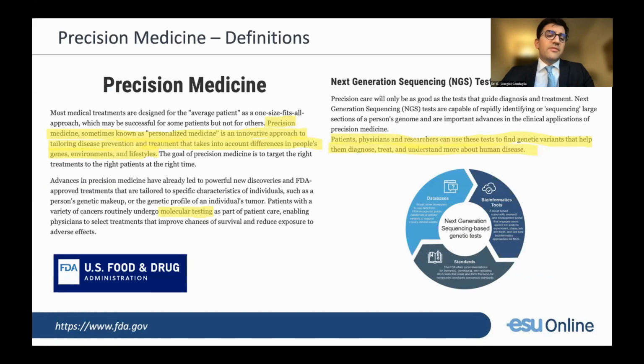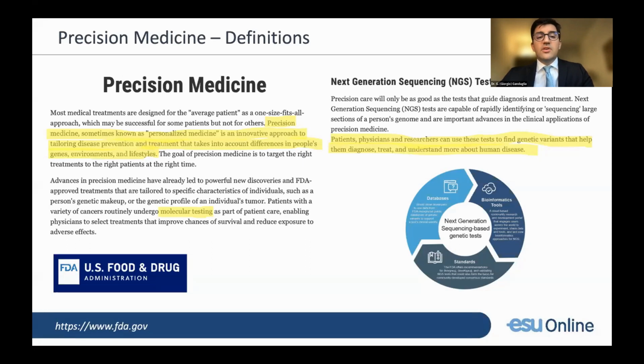Looking at the FDA website, we can find this definition: precision medicine, which is also called personalized medicine, is an innovative approach to tailoring disease prevention and treatment that takes into account differences in people's genes, environment, and lifestyle.